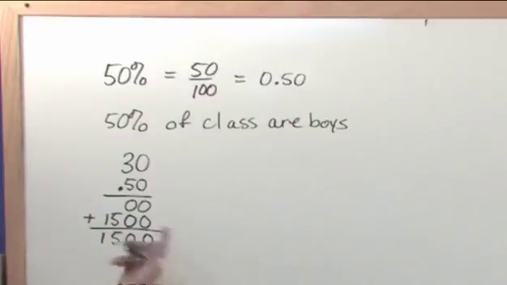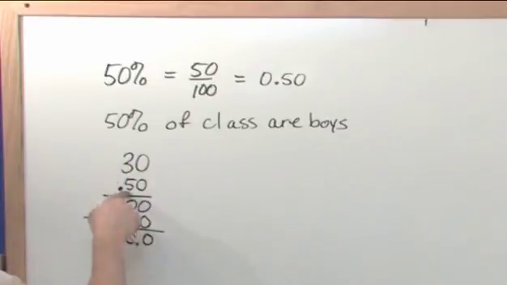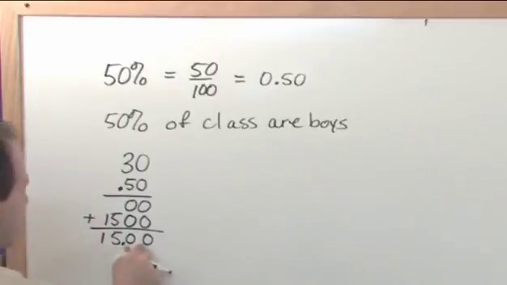And so you have to figure out where to put your decimal. You go back to your problem, and you see, where are my decimals? I've got a decimal here, I've got 2 spots after the decimal, no decimals here, so I have to have 2 spots after the decimal in my final answer. So the answer is 15.00, and as you know, zeros after a decimal point can be dropped.